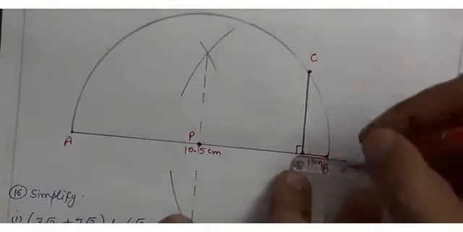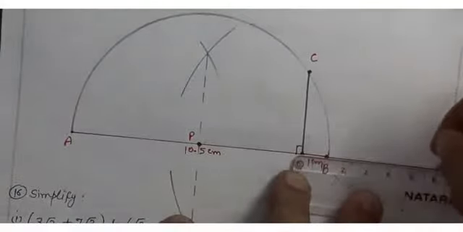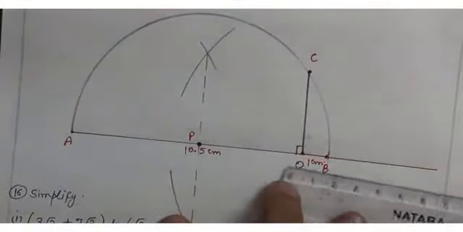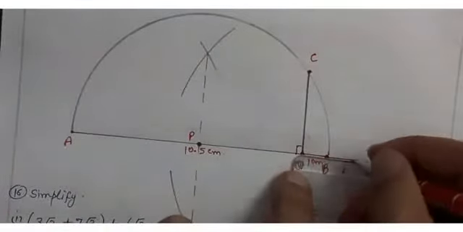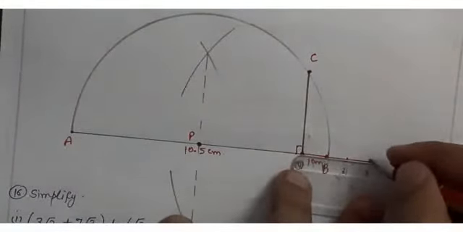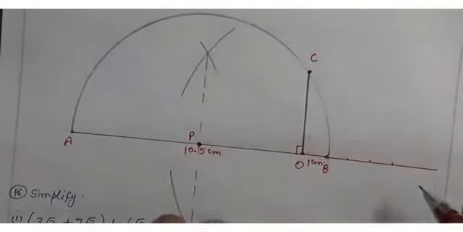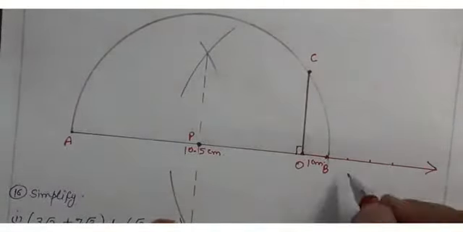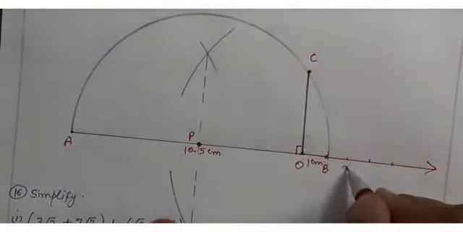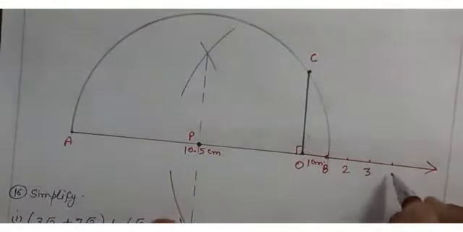Extend this line and make the scale here. This is 1, this is 2, this is 3, and this is 4.